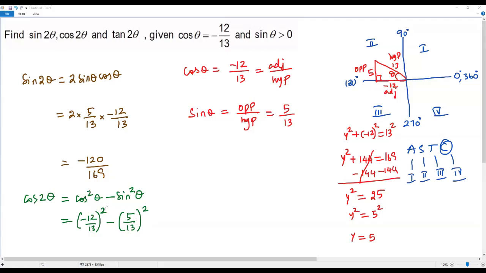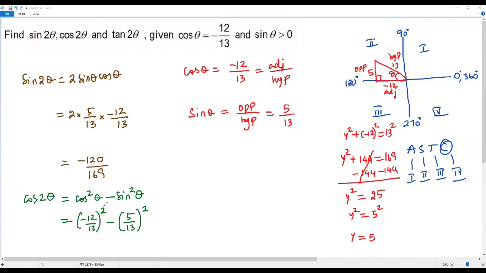Here we have a square, and inside the parenthesis we have a negative sign. The exponent is applicable to everything inside the parenthesis. Whenever we apply an even exponent to a negative sign, it will become positive, because negative times negative becomes positive.